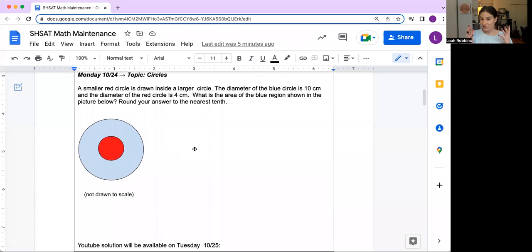Here was the question. A small red circle is drawn inside a larger circle. The diameter of the blue circle is 10 centimeters. So that just means the distance across is 10 centimeters.